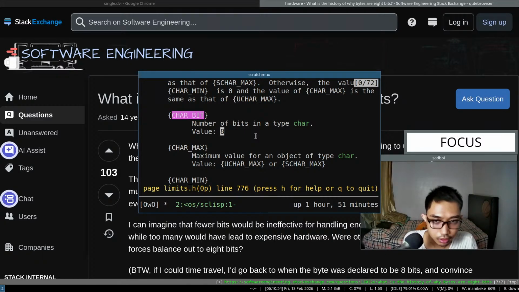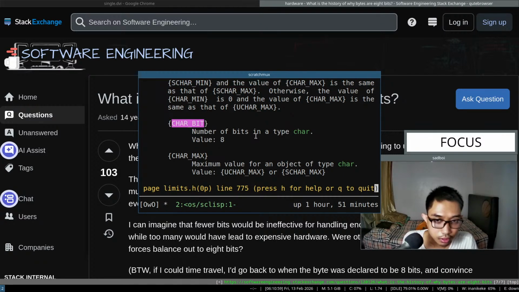In this case, 8 bits. So if the system's CHAR_BIT is not 8, then 1 byte is not 8 bits. One thing to keep in mind, I guess.